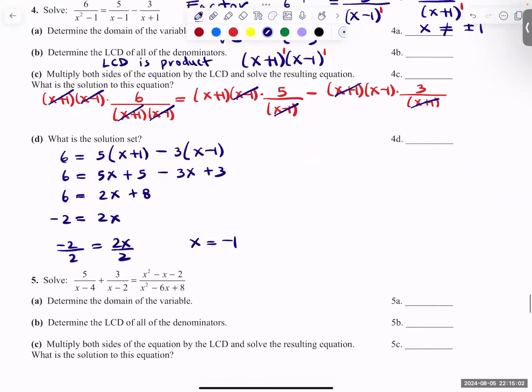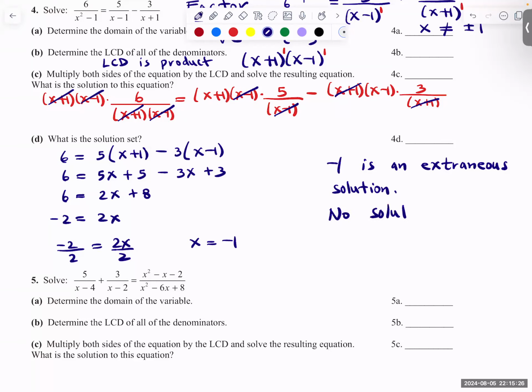So in this case, -1 is an extraneous solution. That is a solution that is a restriction. And so it cannot be a solution. It's an extraneous solution. And therefore, the original equation has no solution. So we state no solution.